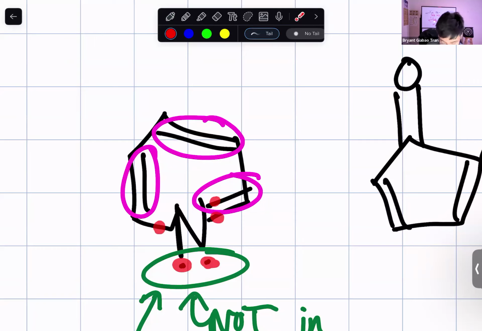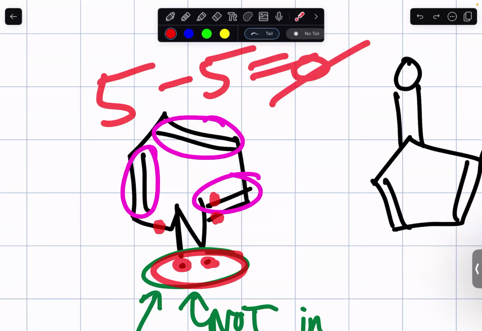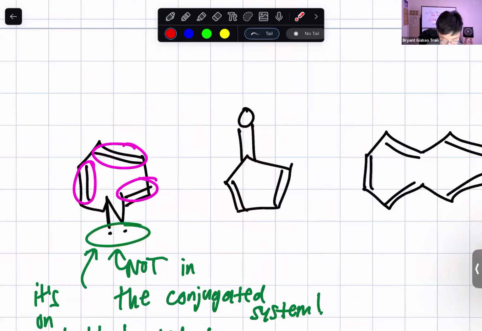It has 2 electrons to itself, but it's sharing 3 bonds. So it's full, it's satisfied right now. Neutral charge, no positive charge, no negative charge.